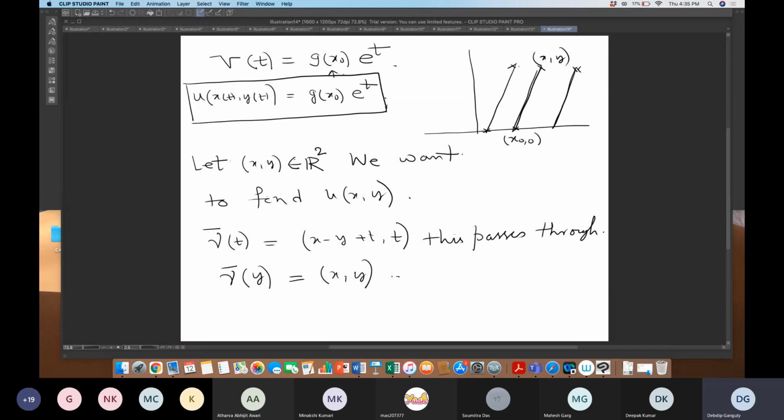This gamma prime t is a straight line with slope 1, and it passes through x, y. Yes or no? Agreed? This passes through x and y. Gamma y passes through the point xy at the point y.